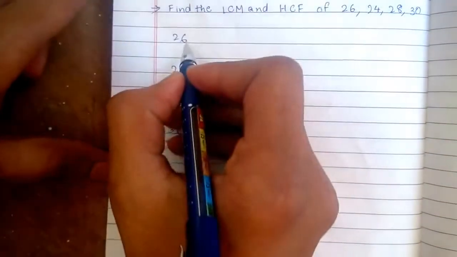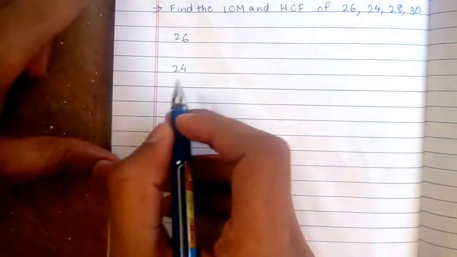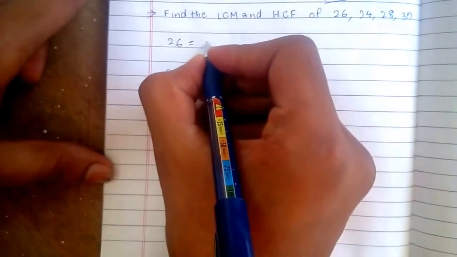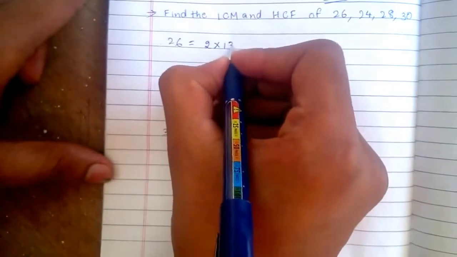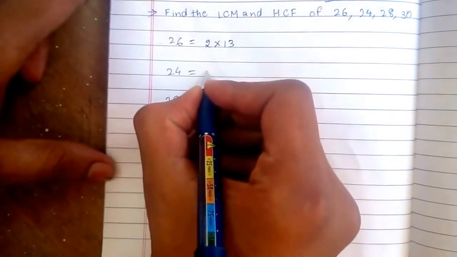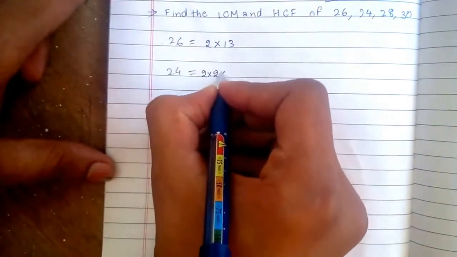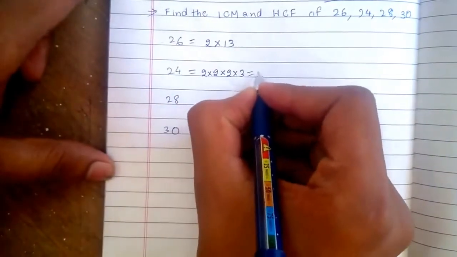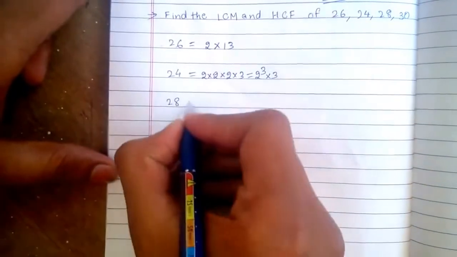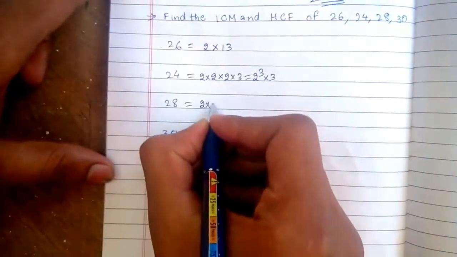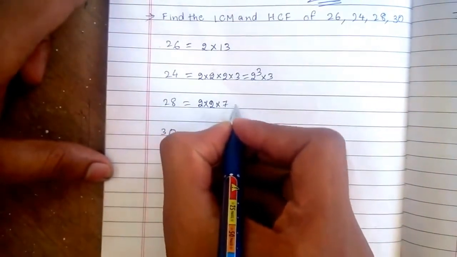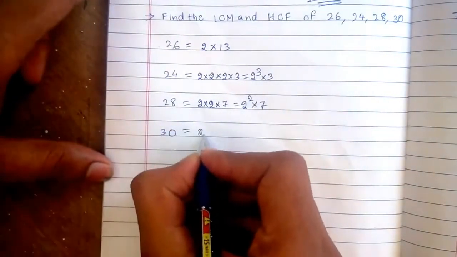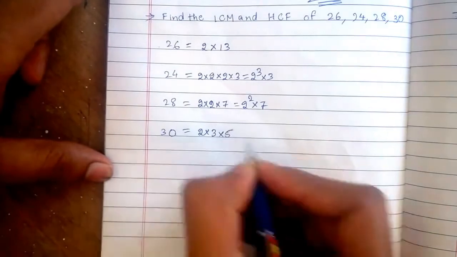Now write each of these numbers in terms of prime numbers, that is called prime factorization. 26 can be written as 2 into 13. 24 can be written as 2 into 2 into 2 into 3, that is 8 into 3, or 2 cube into 3. 28 is 2 into 2 into 7, or 2 square into 7. 30 is 2 into 3 into 5.